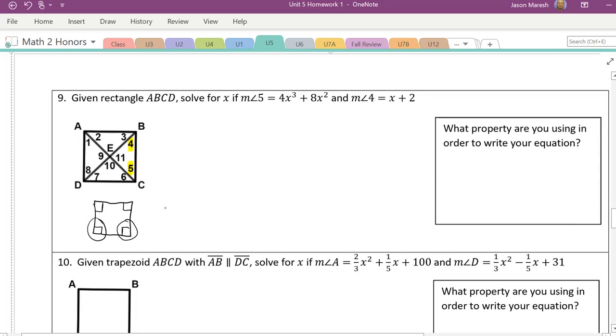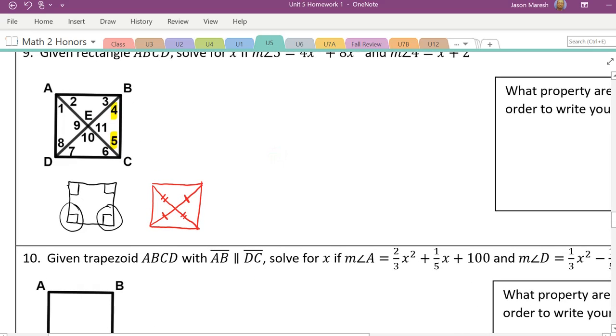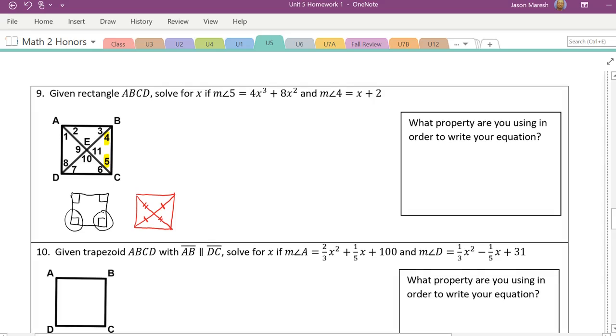So if the diagonals bisect each other, what that means is that they cut each other in half. So this length here matches this length here, right? And then this length here is going to match this length here. And so I'm going to write that down.